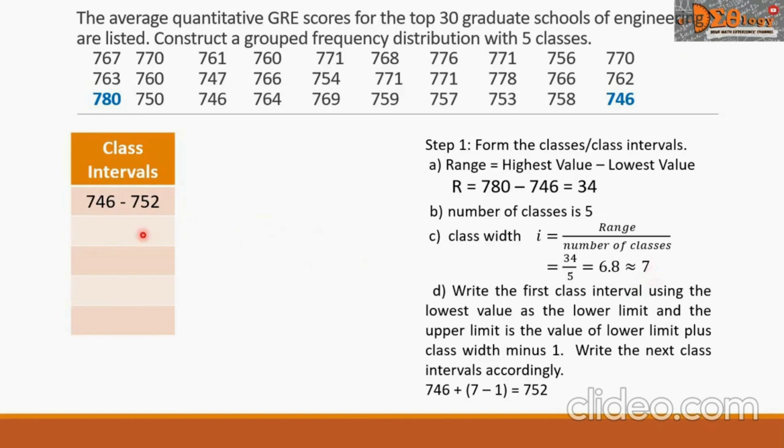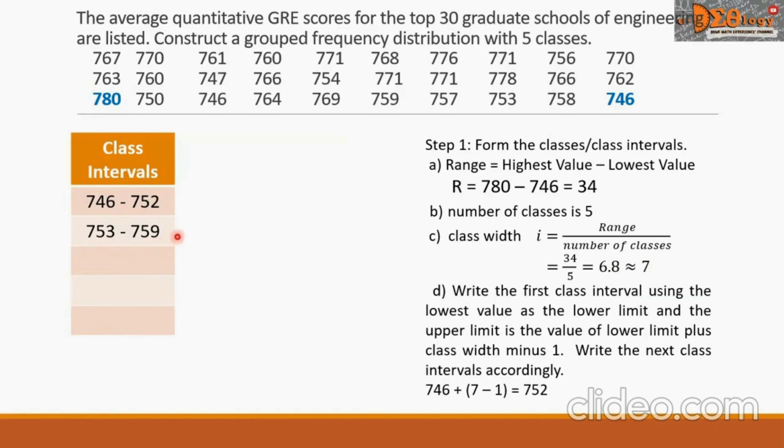And then we will continue to write the next classes. For the second class, we ended our first class interval at 752. So the next class must start with 753. And this 753 is the lower limit of the second class interval, and the upper limit is 759.